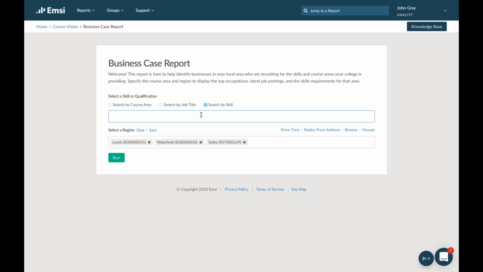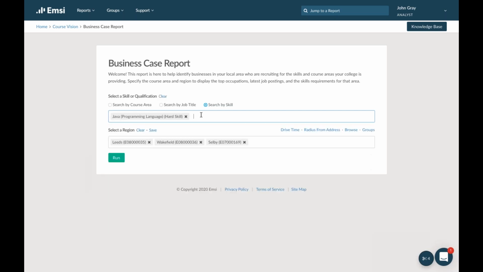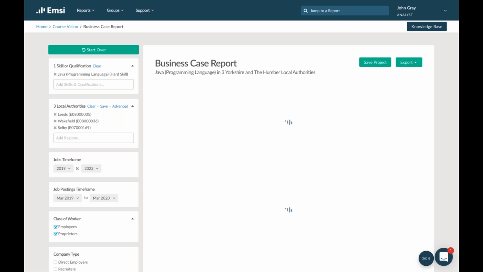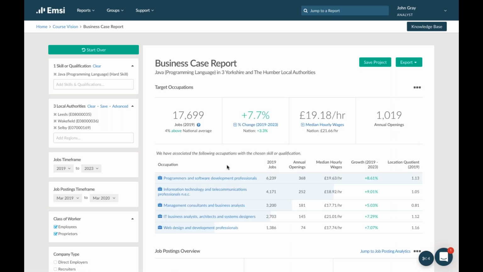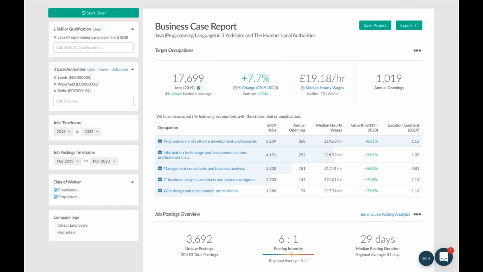So what we could do in here is search for things like Java, the Java programming language. We could then search for where that particular skill is mentioned in job postings in the labour market. Just looking at that particular skill, Java, there are over 17,000 jobs requiring that skill in 2019, and again a significant increase out to 2023.